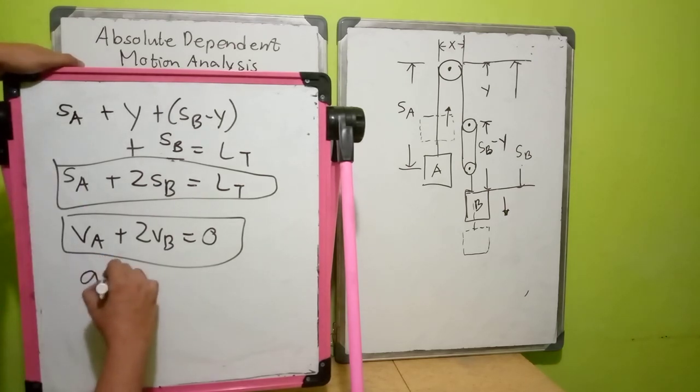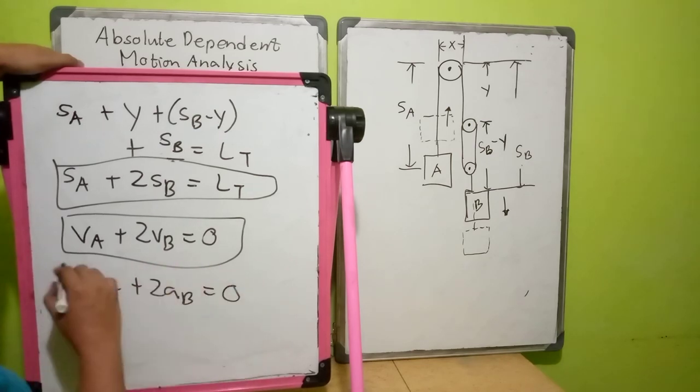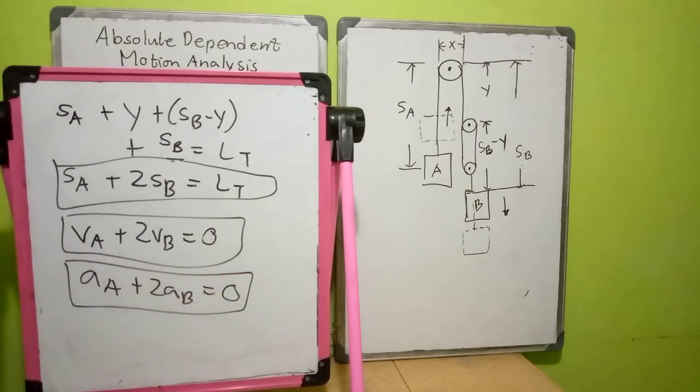So we get A sub A plus 2A sub B is equal to 0. That is how you construct formulas for absolute dependent motion analysis of two particles. We will have examples on the next videos.